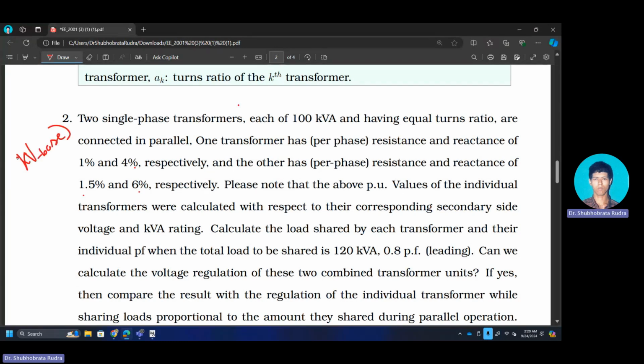It is kilovolt base square divided by MVA base, that gives me my base impedance.